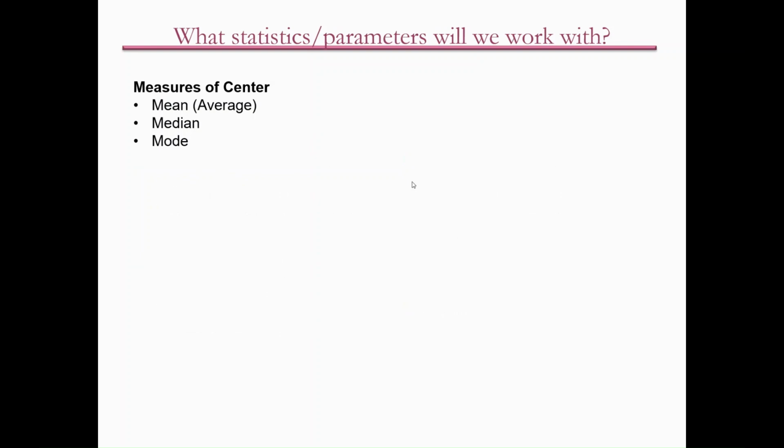So first of all, we have measures of center. These are ways in which we try to identify literally the middle of the data set. And in certain situations, we want to use one versus the other, and we'll talk about that as we go. But you've probably seen all of these measures of center: the mean, the median, and the mode.